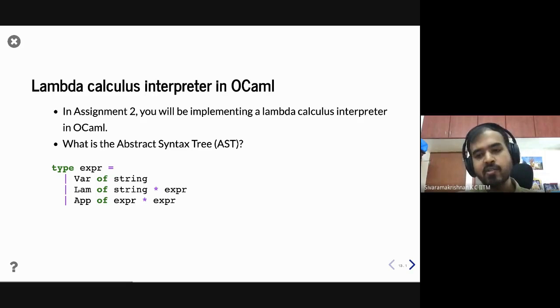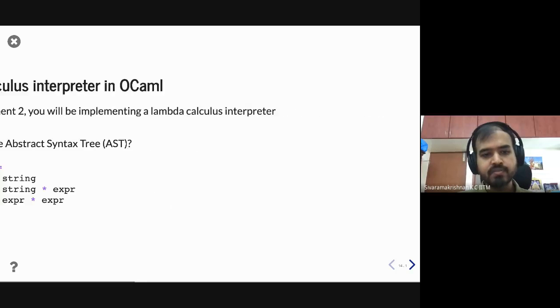So as you will find, this assignment 2 serves 2 purposes. First, it will help you understand lambda calculus. Second, it will help you understand OCaml in a setting where it is known to be good. It is also good for other things, but it is known to be good for writing compilers and interpreters. And the second assignment will help you experience that as well.